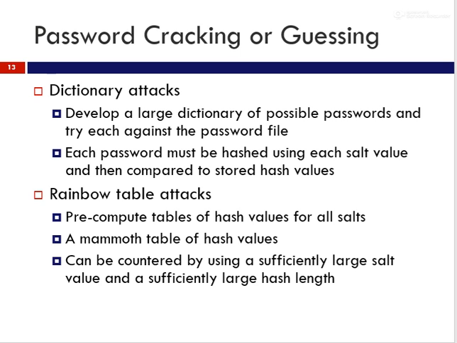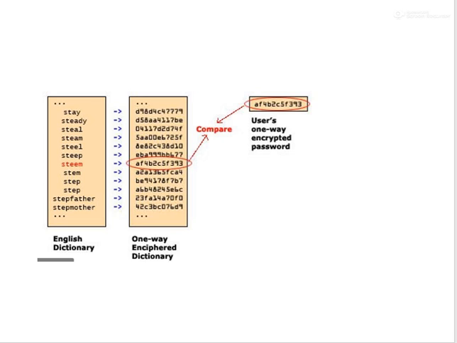So the attacker already has a large dictionary of these possible passwords, and then tries each password against the password file, because we know that in order to do a dictionary attack, the attacker needs access to the password file. So this is the dictionary that he has.